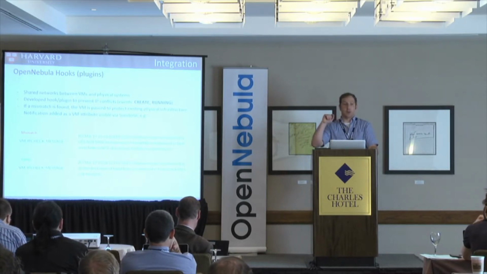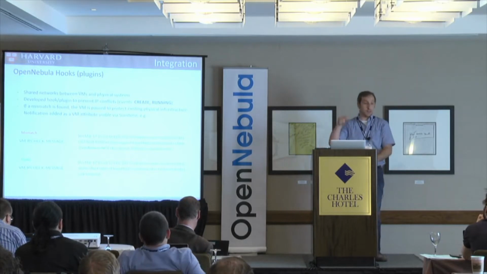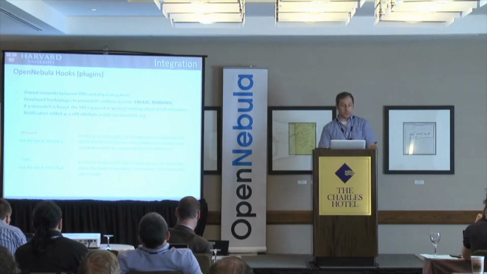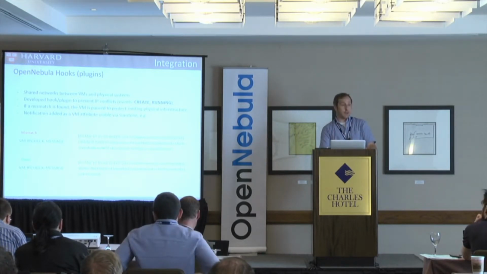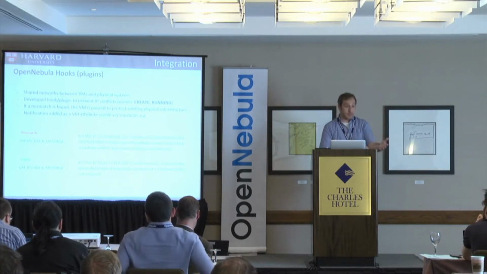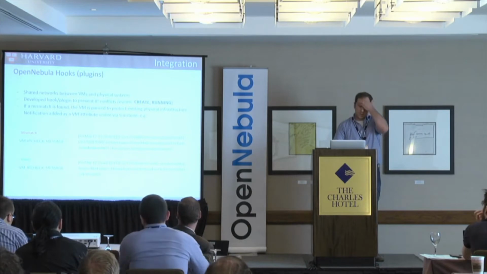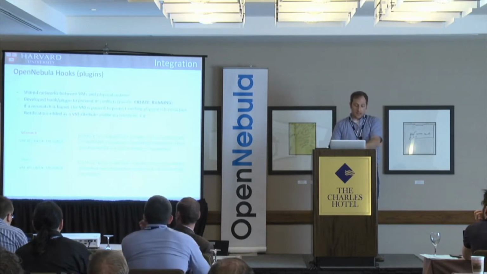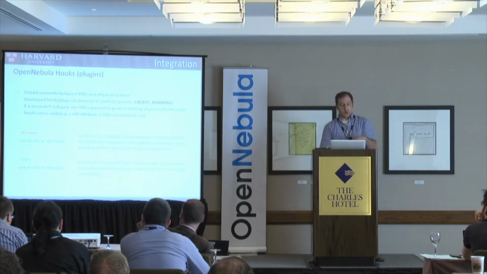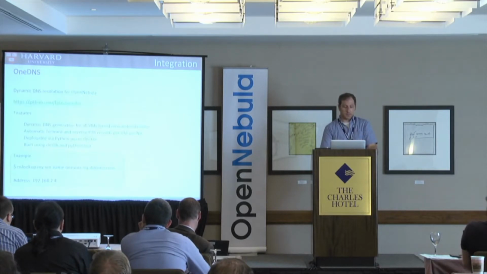So this hook, when it detects this case, will actually suspend the VM. And this runs on the create and running events. And then if you resolve the problem by essentially renaming the VM and getting the IP differently, whenever you resume, it'll tell you this was fixed and allow the VM to load.